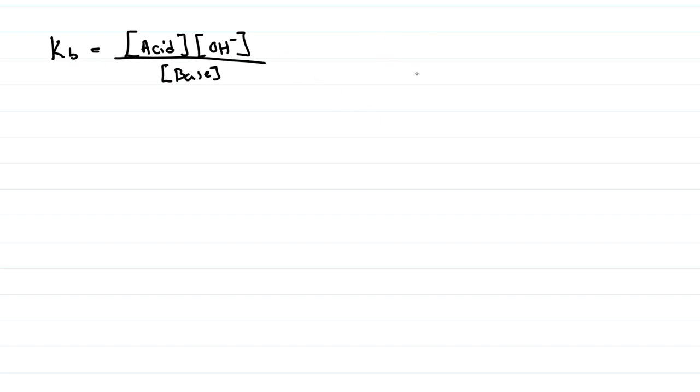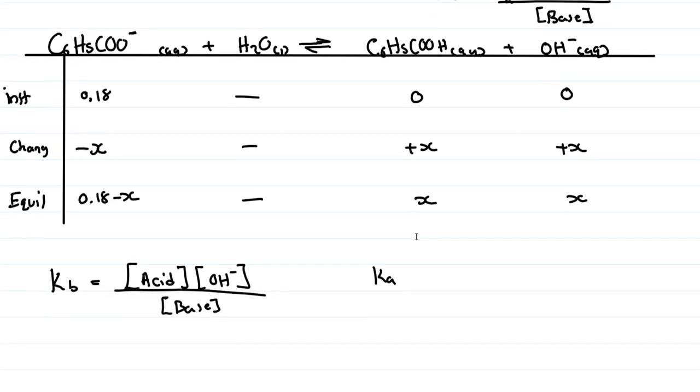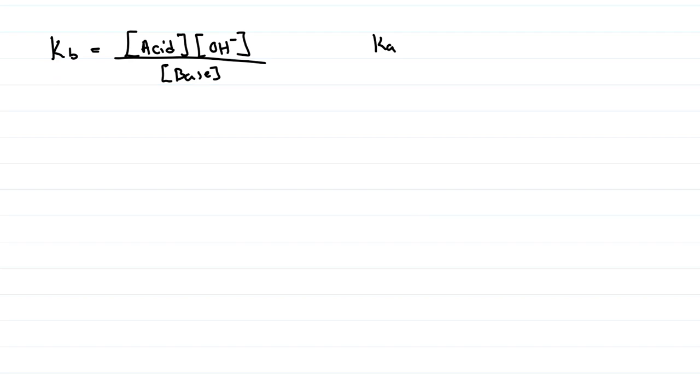To find the Kb, we can use the Ka, which we got in the question. So we have the Ka, which is 1.8 multiplied by 10 to the power of negative 5. Sorry, we're looking for Kb.